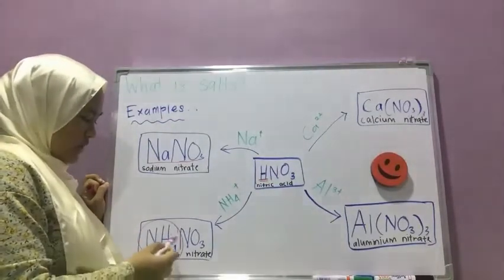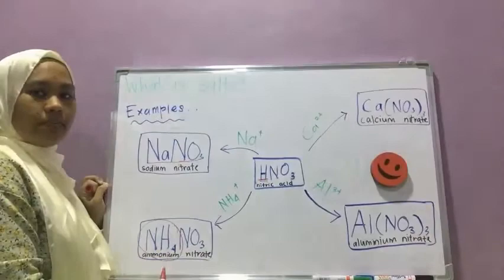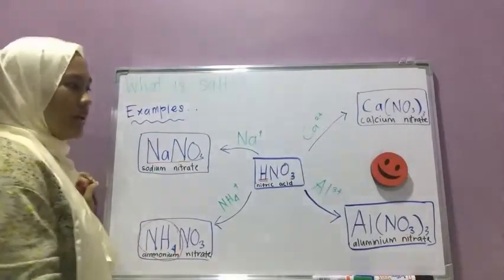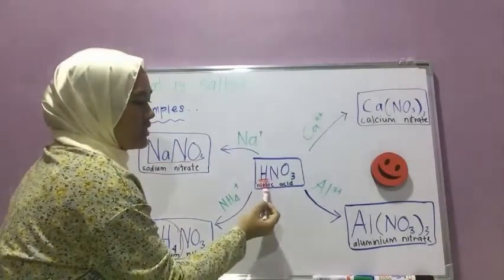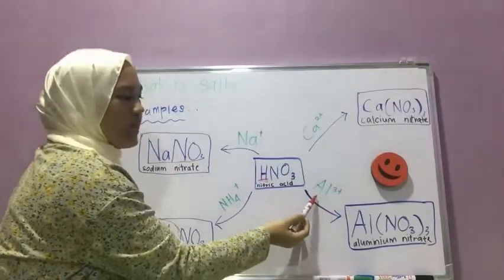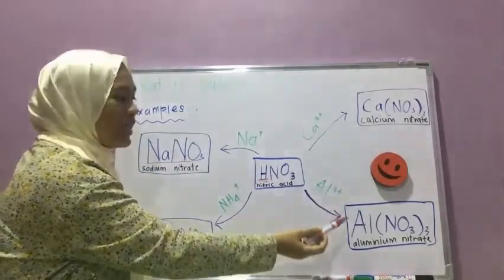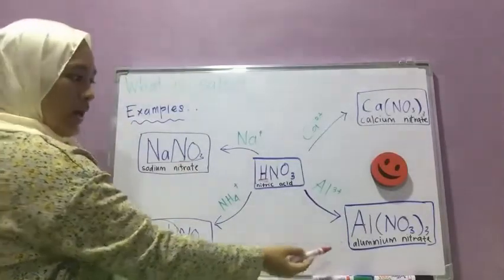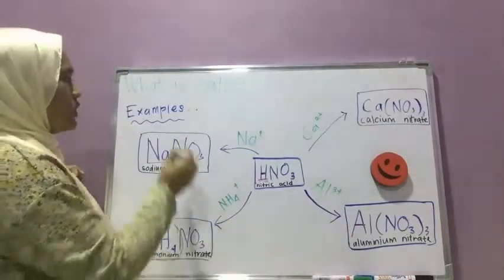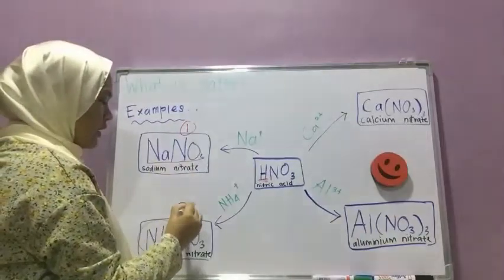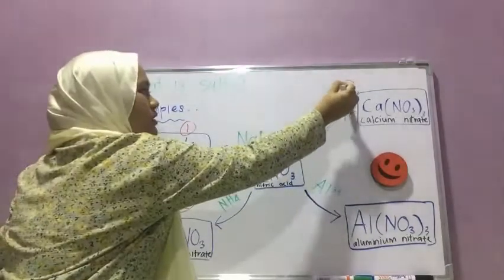So it becomes ammonium nitrate, which is salts. And this H replaced by Al3+, which is metal ion, and becomes aluminum nitrate. So these four are salts.